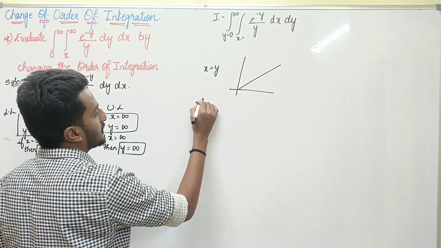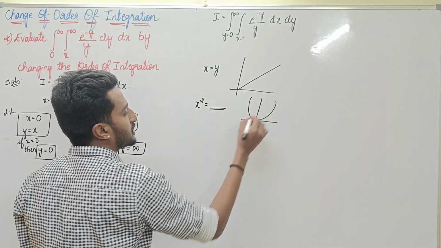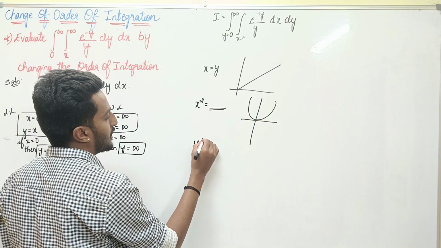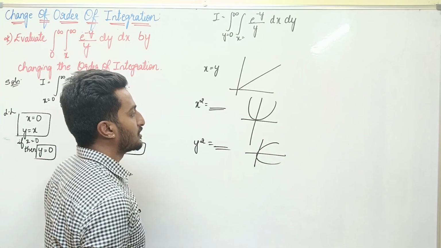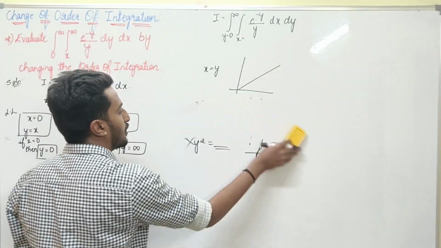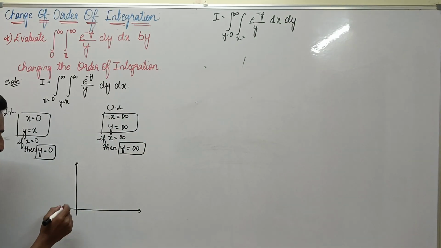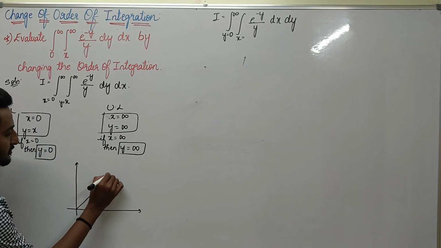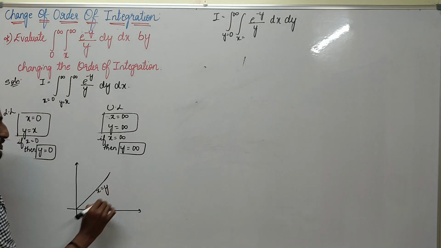If it is defined with respect to an x square function, the parabola is U-shaped. If it is defined with respect to y square, the parabola is C-shaped. Now, since we don't have x square and y square, we just have x equal to y. So I am going to consider a straight line. That is x equal to y.